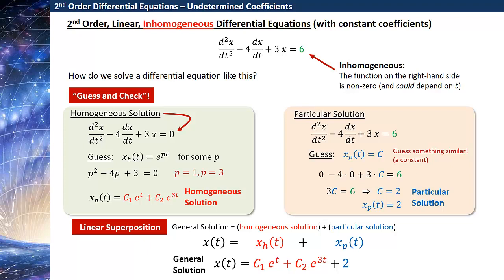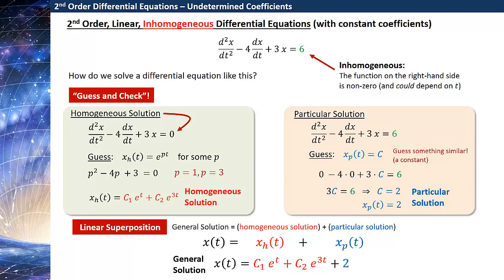And you can check by plugging this back into the original differential equation that this is indeed a solution to the inhomogeneous differential equation. It solves this full differential equation that we started with at the top of the page. And it has two undetermined constants, as you would expect for a second-order differential equation. And so the beauty of linear differential equations like this is if you found a solution that satisfies the criteria, it is the solution. So that's the general solution, which is pretty slick.